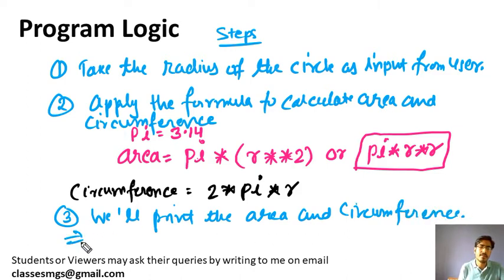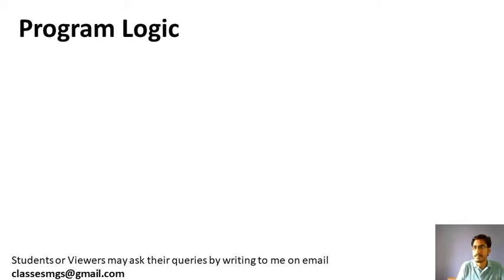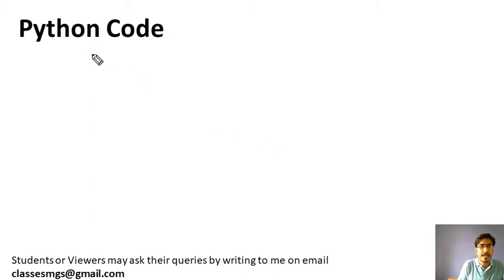Now we will write the equivalent Python code and see how it will be working. So let's see. First of all we will define a variable called pi equals to 3.14 because it is a standard value.